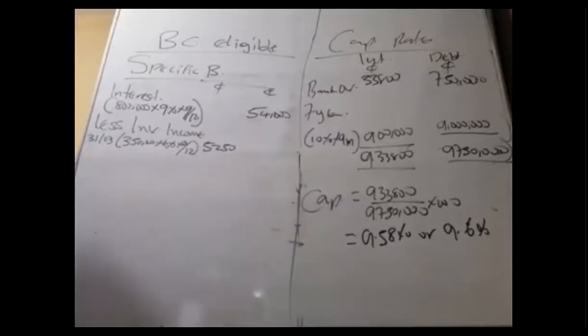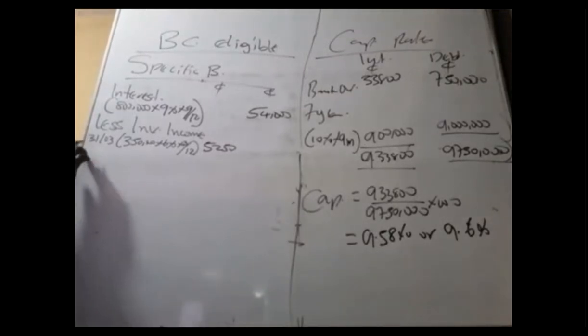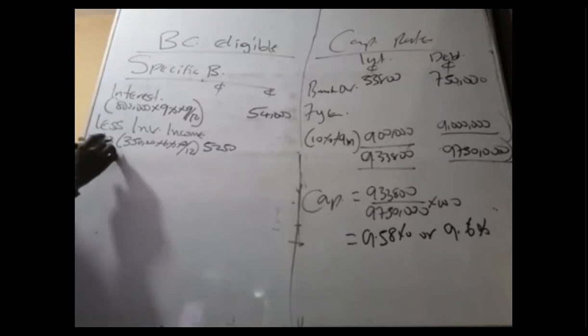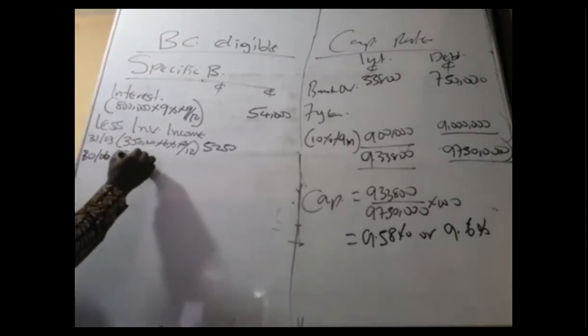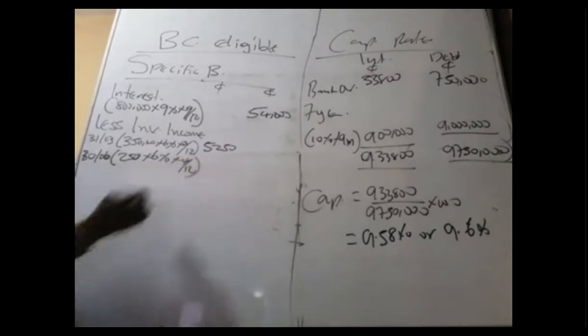So that will be 4 months. Perfect. So 4 months, invested on 30th June, at 6% times 4 out of 12.